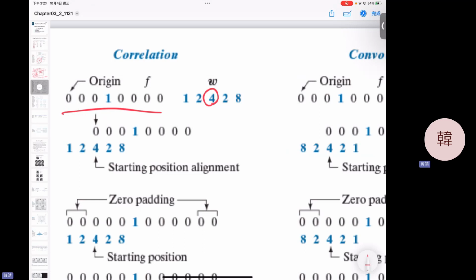So what will happen if your image is a 1-dimensional signal of 8 pixels? What will the result be if you correlate it with this signal?